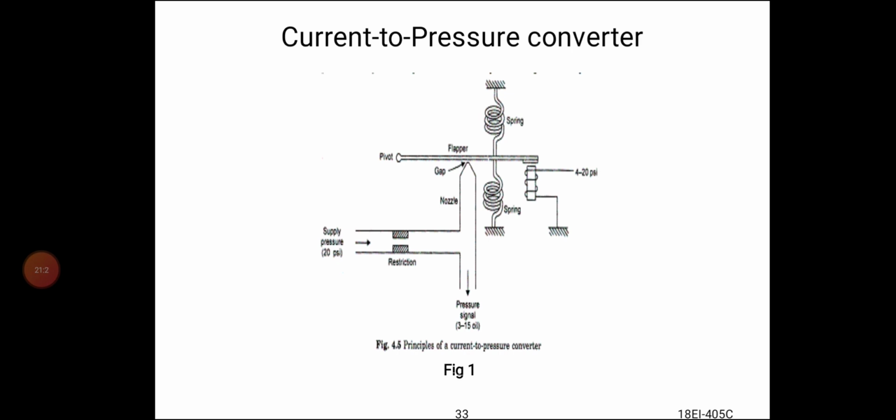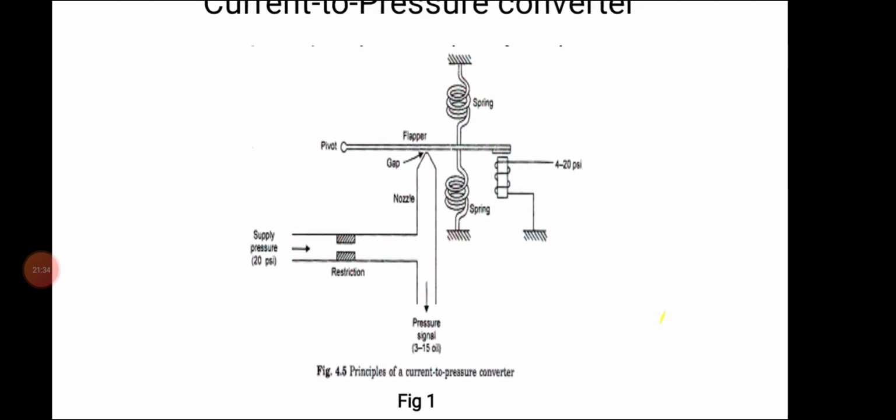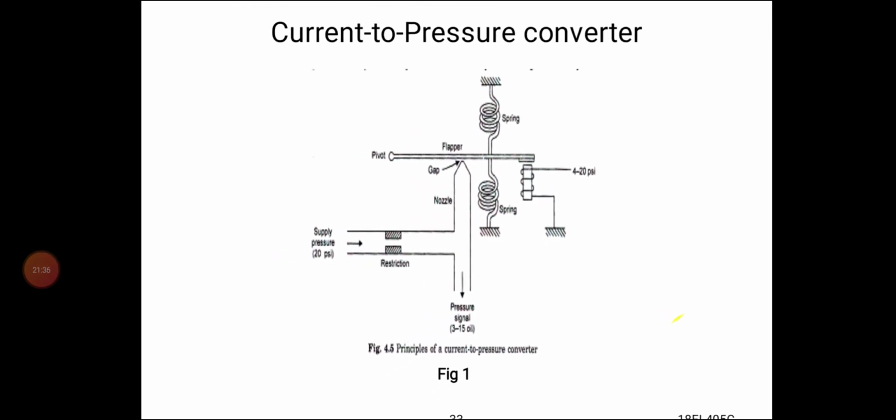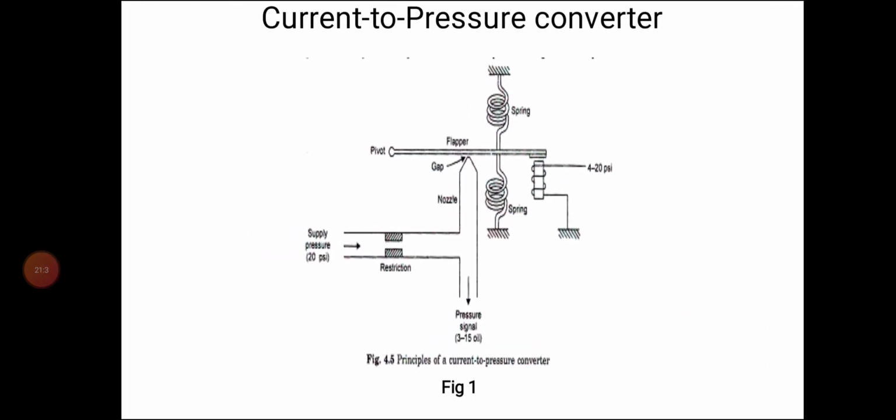Here we are applying a 4 to 20 milliamps signal. The 4 to 20 milliamps of current signal is applied to the electromagnetic coil.